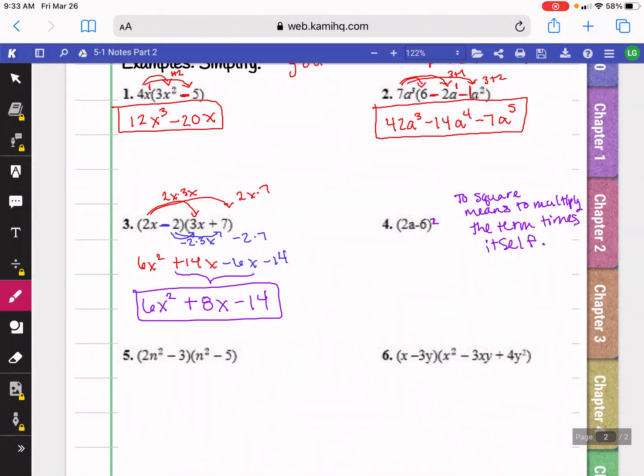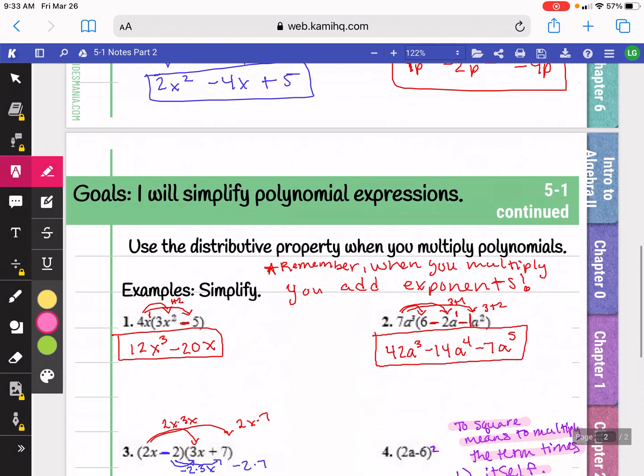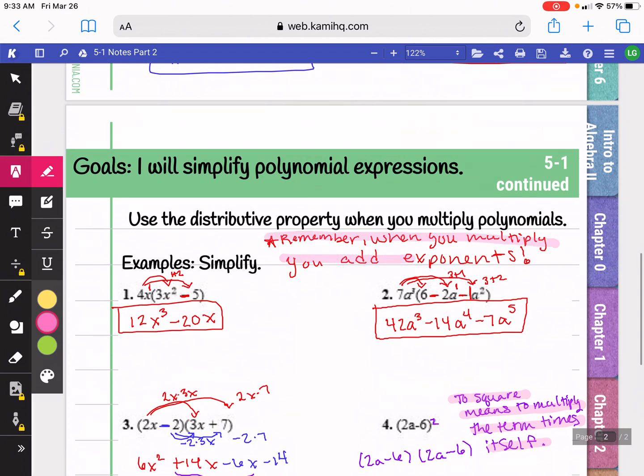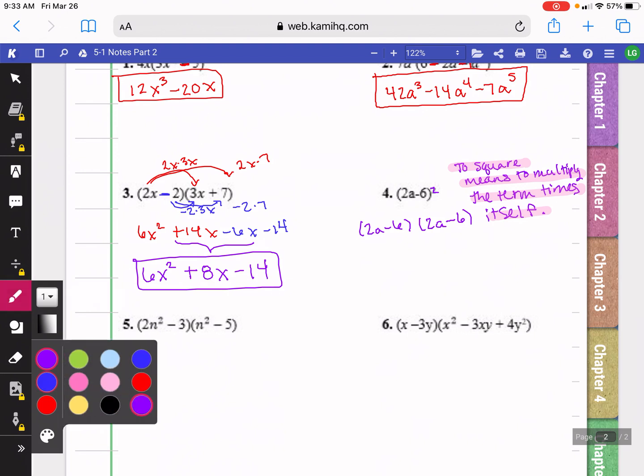So here 2a minus 6 squared means you're doing 2a minus 6 times 2a minus 6. So I'm going to start distributing.